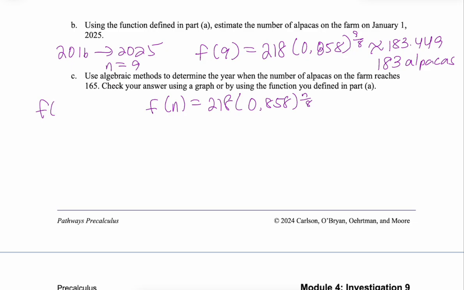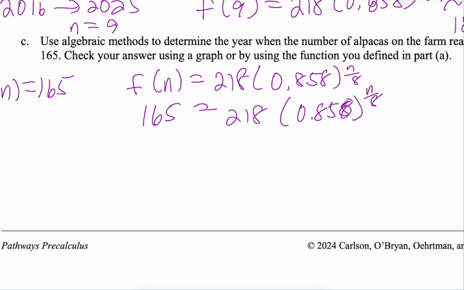So we know we want the total now to be 165. So that goes here. Just take our equation and set it equal to 165.